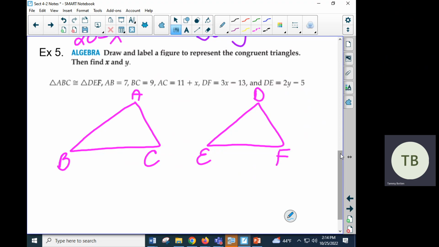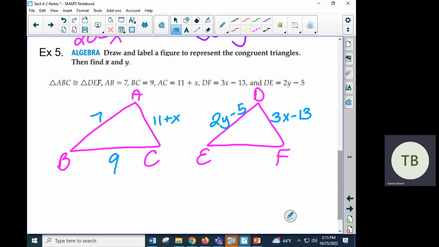And they tell me that side AB is 7. Side BC down here is 9. And side AC is 11 plus X. Then over here, DF, which is right over here, is 3x minus 13. And DE over here is 2y minus 5.